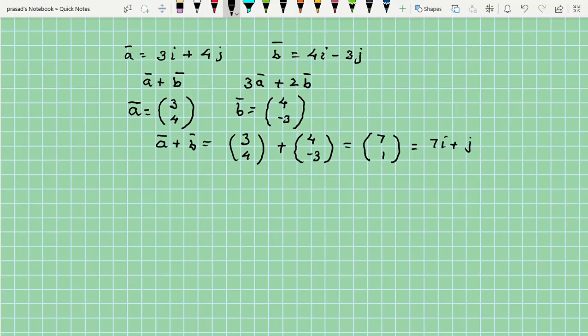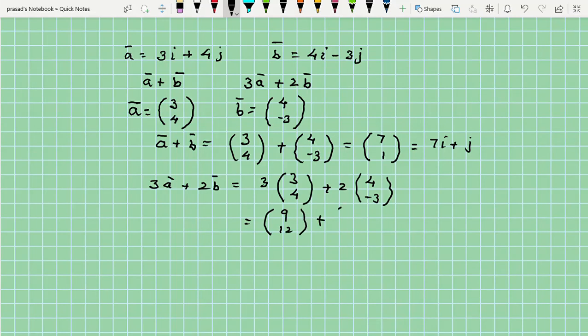Similarly, 3a bar plus 2b bar, which is 3 times (3, 4) and 2 times (4, -3), that is (9, 12) plus (8, -6).